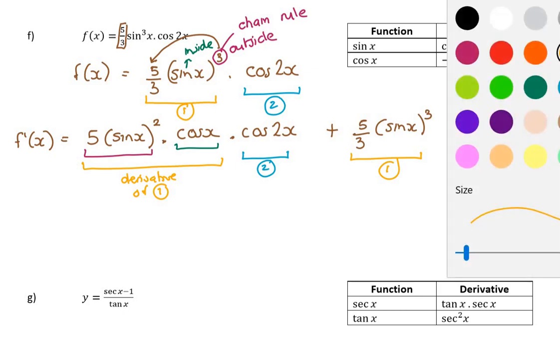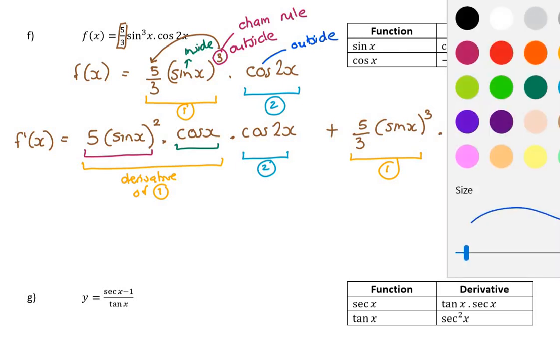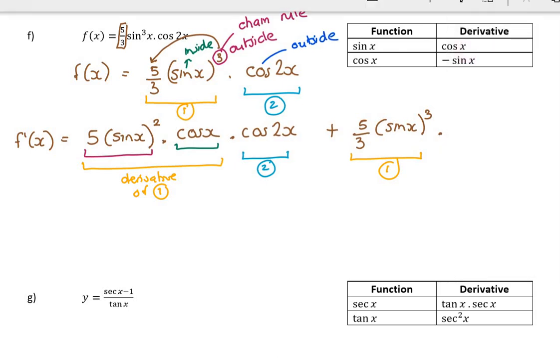Multiply by the derivative of the second function. Now the second function is cos 2x, which in itself is a chain rule. It's a chain rule because my outside function is cos and my inside function is the 2x. So now I'm going to differentiate that cos 2x.